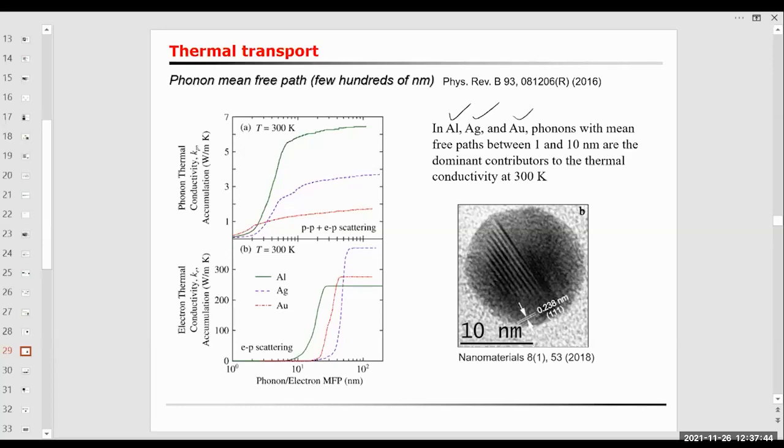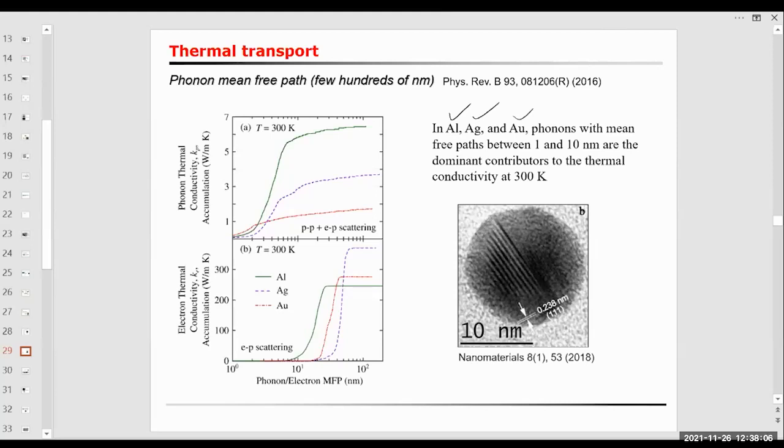You might get some other behavior, but to extract special thermal behavior, the particle size, or the diameter of an aluminum nanowire, should be less than 10 nanometers.